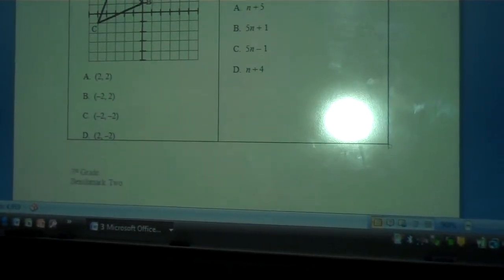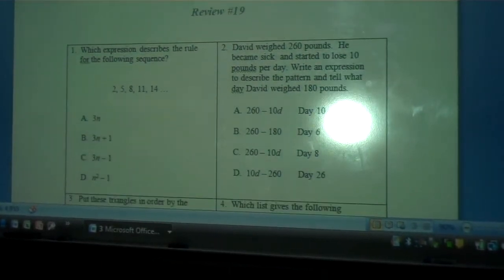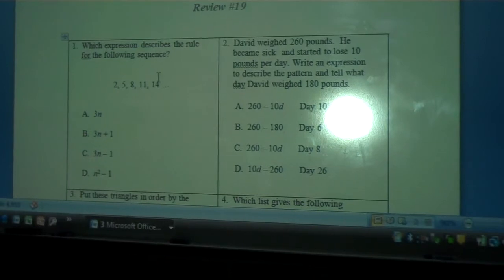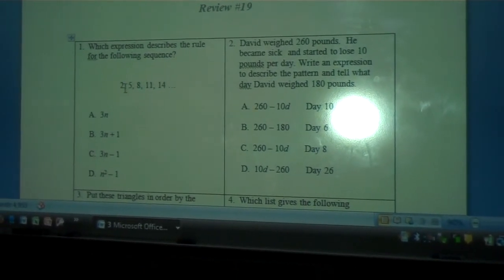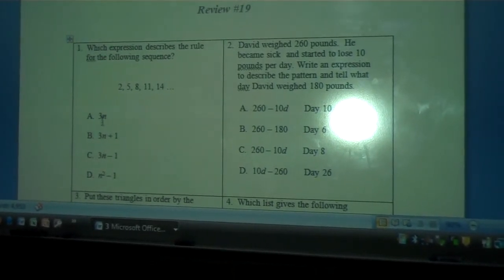Okay, so this is the same thing. It's just kind of doing it backwards. Here's another example. We have 2, 5, 8, 11, 14, going up by 3. That generally tells us our multiplier is 3. So it's probably not D because we're multiplying by 3.